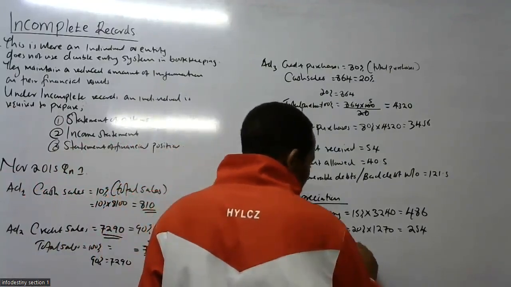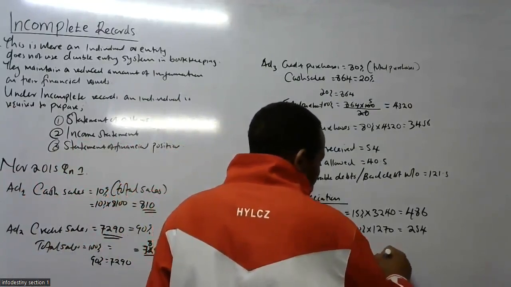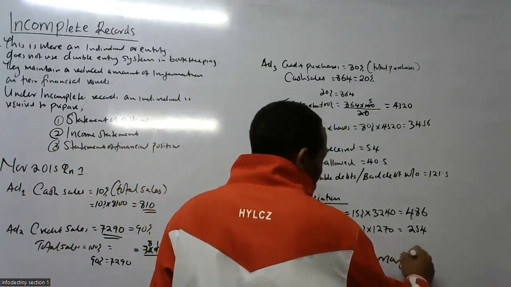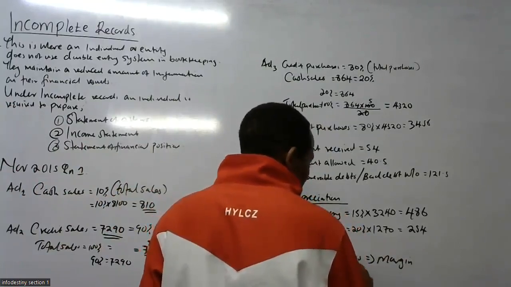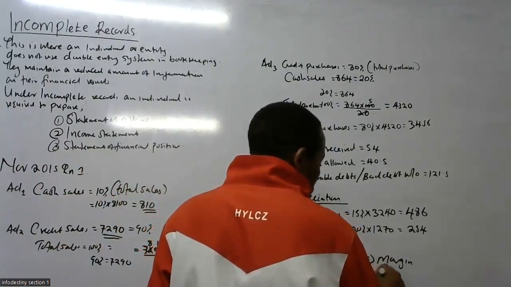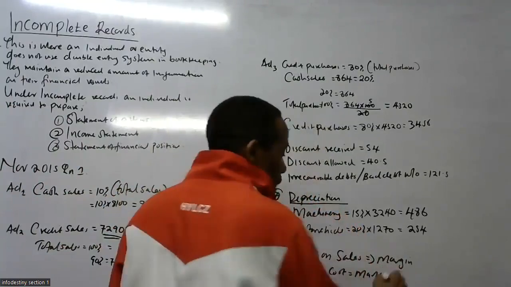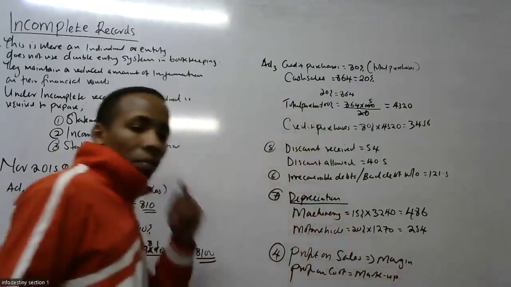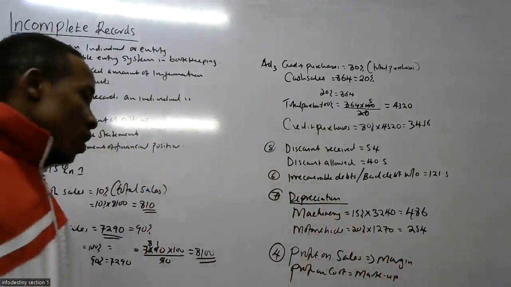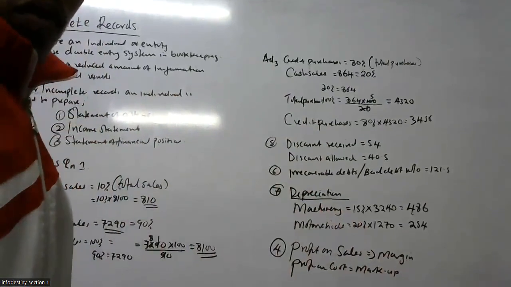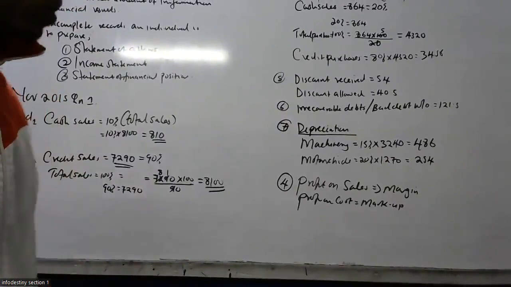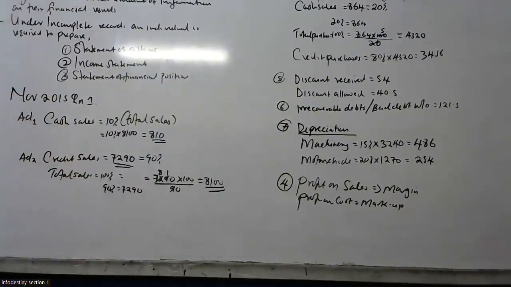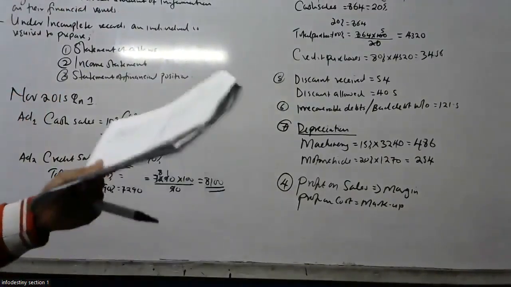Profit on sales we refer to as margin, and profit on costs is what we refer to as markup. So in this case, we are given markup on sales.